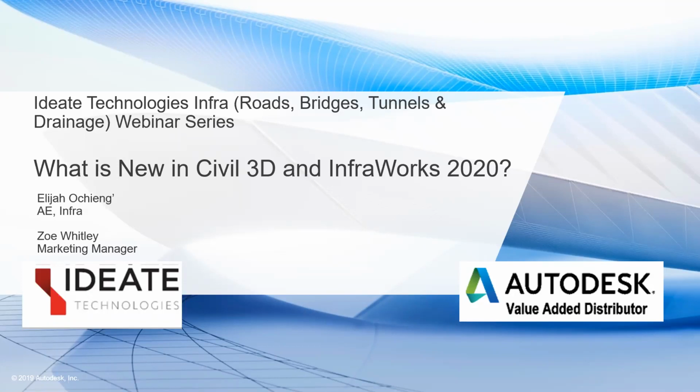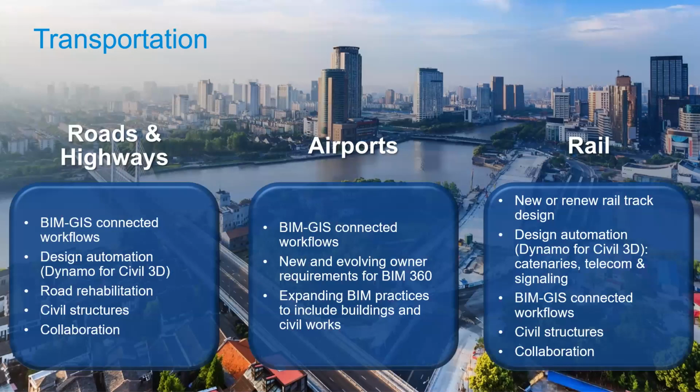So we'll just briefly look at what the enhancements that we are focusing on today really integrate to. The main focus in our infrastructure webinar presentation is roads and highways, airports, rail, and bridges.